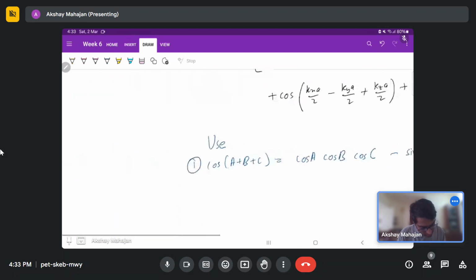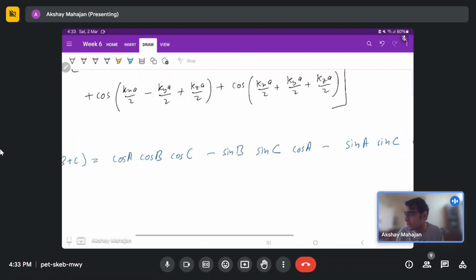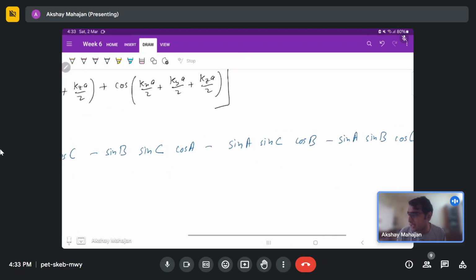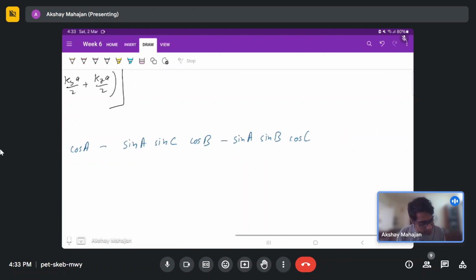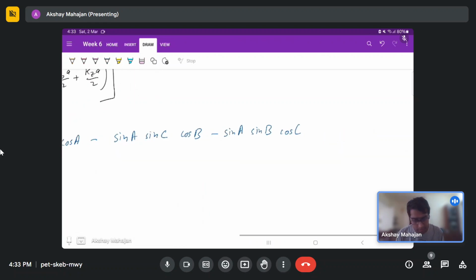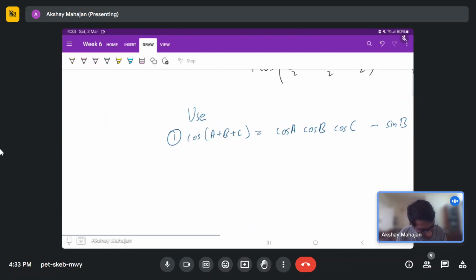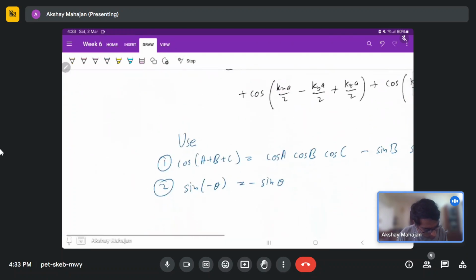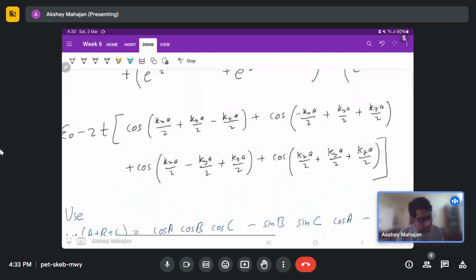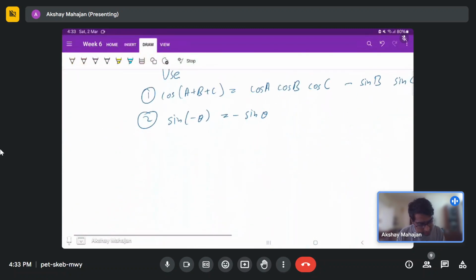So you actually have to use two relations. Okay, let me just check those. Cos of a plus b is cos a cos b minus sin a sin b, and the expansion gives cos a cos b cos c, minus sin b sin c cos a, minus sin a sin c cos b, minus sin a sin b cos c. Okay, and also this relation as well, that sin of minus theta will be minus sin theta. Alright, so you have to use these two trigonometric relations for these 4 cosine terms.